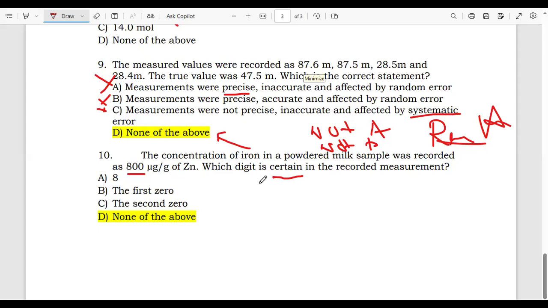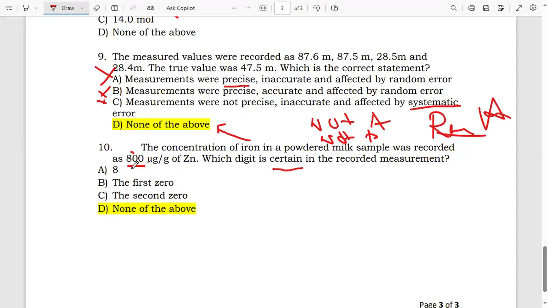But the certain digit there should be the 8. I don't know why they put none of the above there. We know that 8 is certain because there's no uncertainty in that value. So pick 8 as the certain digit because it's the only significant figure we have there.